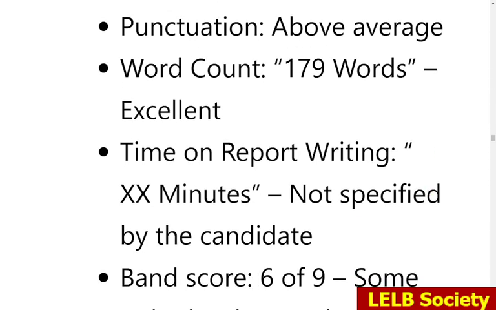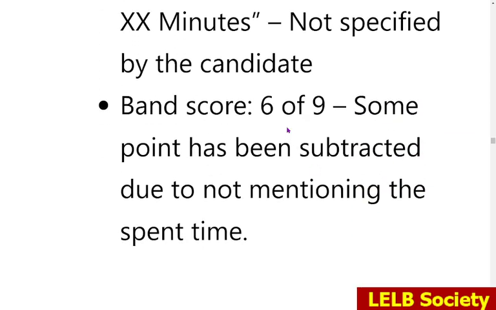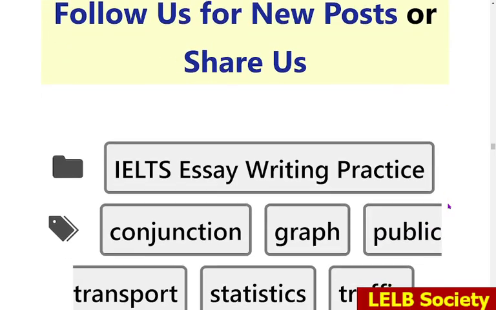And time on report writing, it was not mentioned, but in this task you are given 20 minutes to complete the report. And band score 6 out of 9, because first of all some points have been subtracted due to not mentioning the spent time.